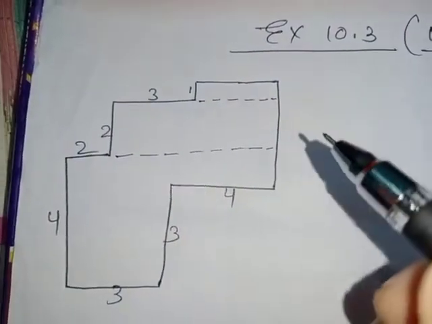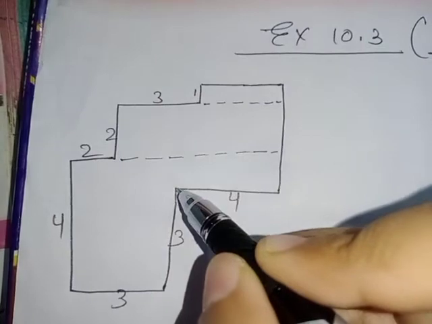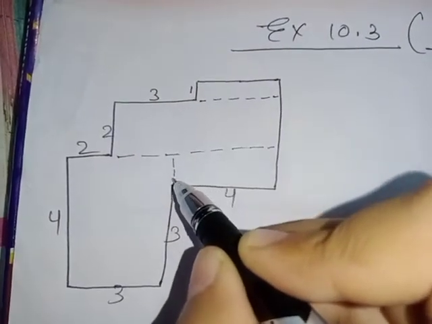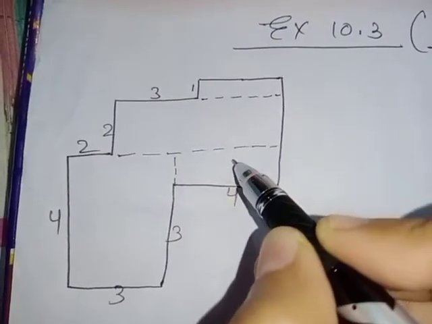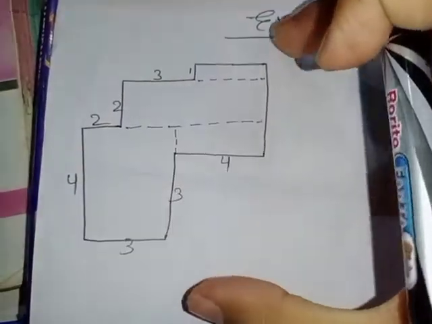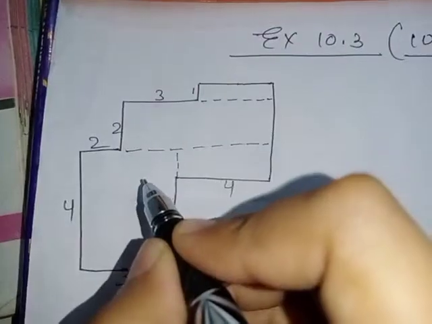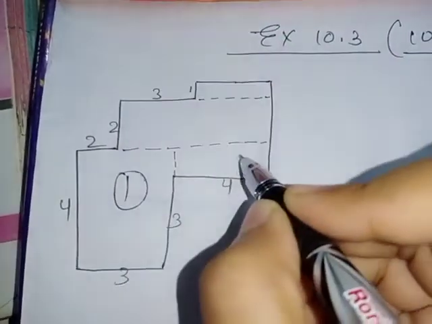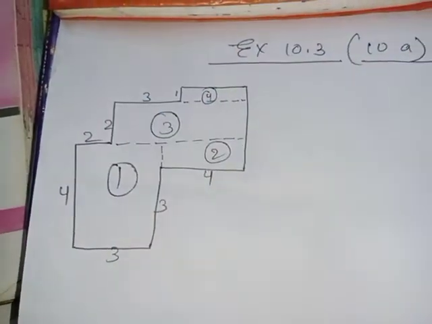Now we have this point, and if we join this, it can be considered a rectangle. This already became a rectangle. So the complete figure has given us 4 rectangles. You can see we have already divided the figure into rectangles.